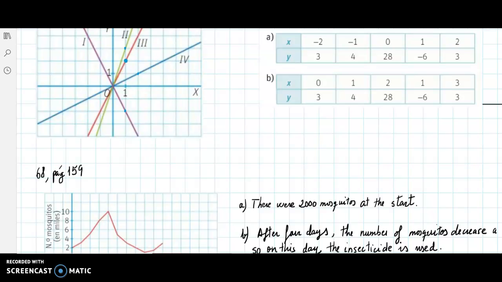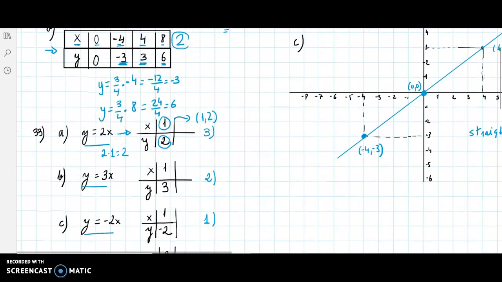So that formula corresponds to the line 3. We have to do the same for the rest of the formulas.